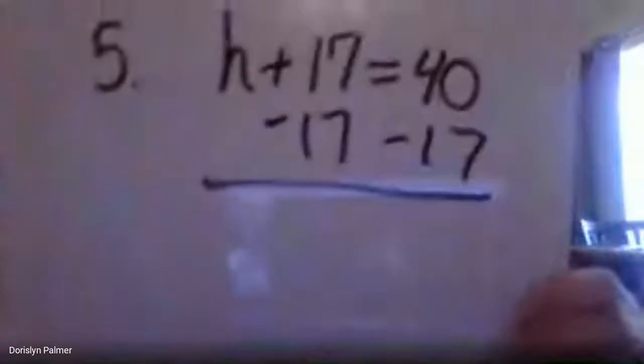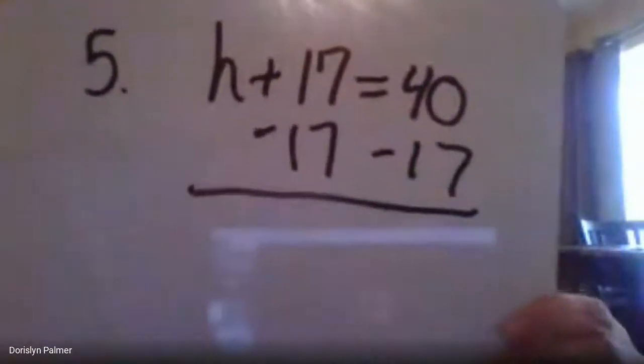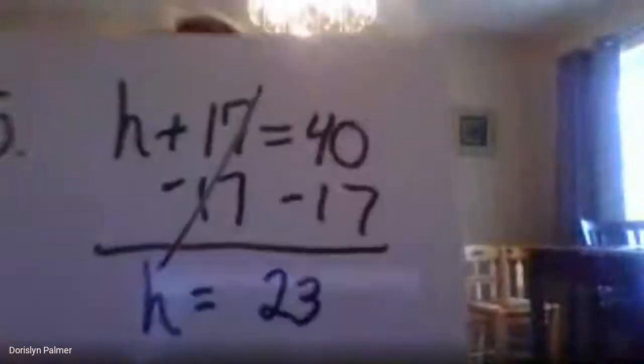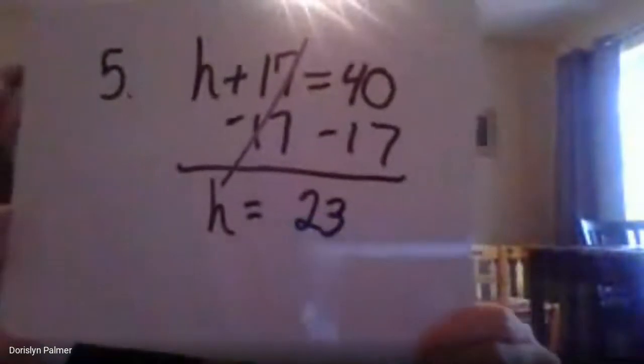Exactly, very good. Nicholas is saying we want to subtract 17 on both sides. Excellent. All right, and then we say woo, and we do the subtraction. 40 minus 17 is 23. Okay, so H equals 23.